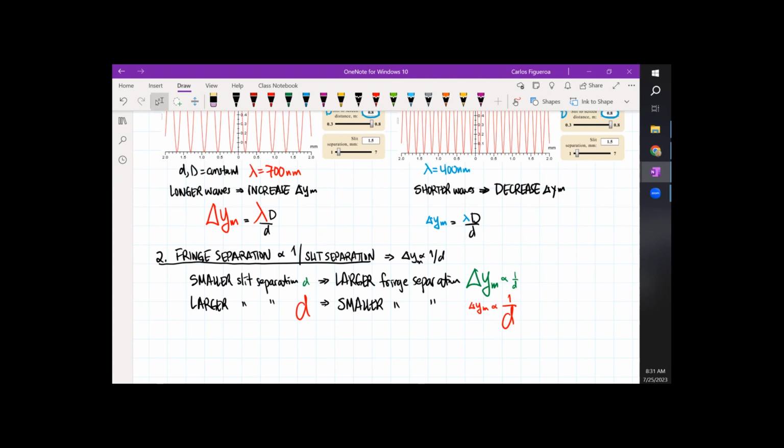So now let's go back to the applet to look at what we're talking about. I'm going to fix my light. Let's fix this to be about, how about 680, looks perfect. Now look at my fringe separation. This is at 2000. What's going to happen if I make the slit separation even smaller?